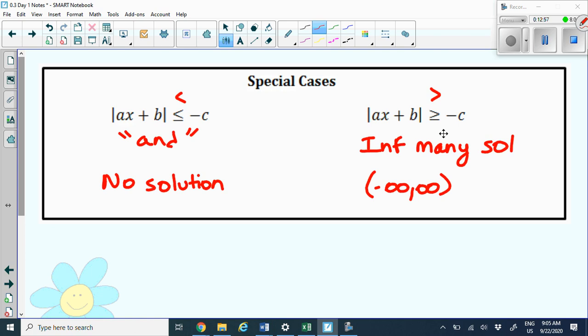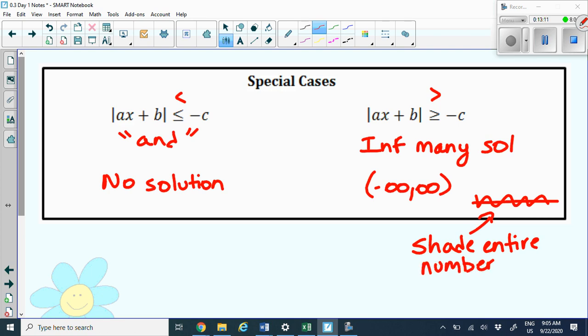And so what happens is that we actually shade the entire number line. Okay. The reason this happens is that they cross each other, and since it's or, we are able to use everything because everything works with it.